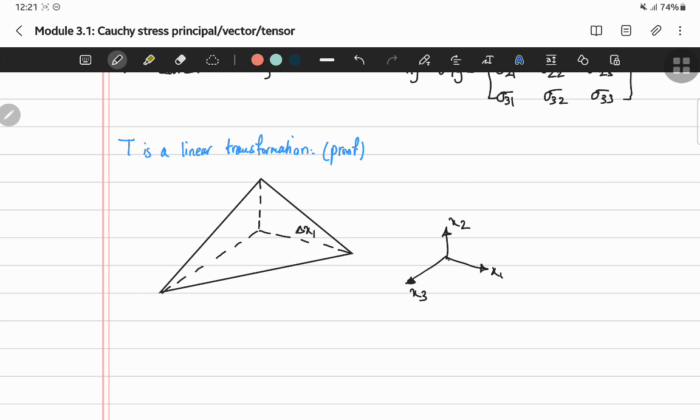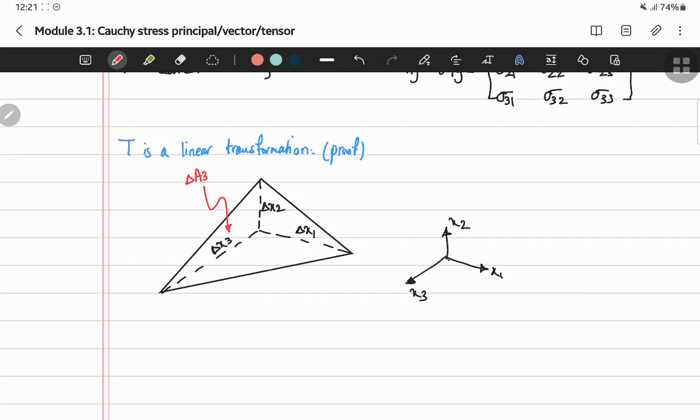So we have del x1 in here, del x3, del x2. And let us name this. So we have this as delta A3.